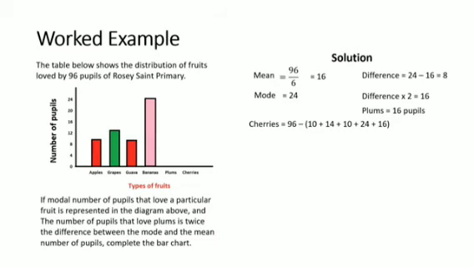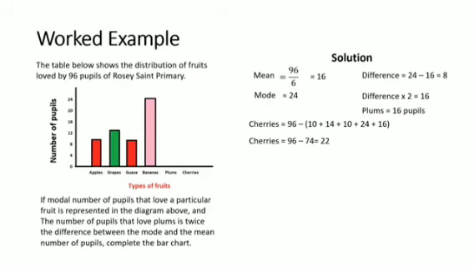Note carefully that apples falls between 8 and 12, and each of the units are graduated by 4 units. So between 8 and 12 is 10. This simplifies to 96 minus 74, which is equal to 22.